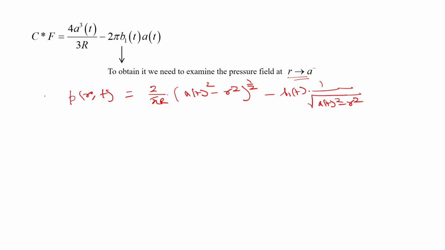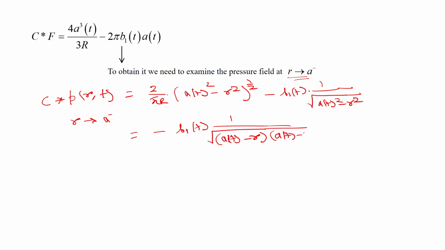So this is C star P r. Here, at r tending to a from below, meaning just the limit a, this term will be equal to 0. So it will be minus b1 t, and over here we write it as square root of a of t plus r into a of t minus r. So this equals minus b1 of t, with a plus r and a minus r, as r tends to a.